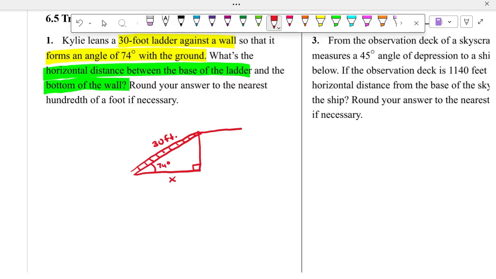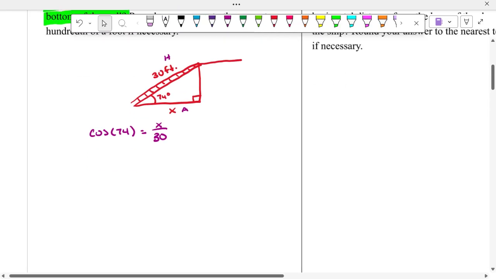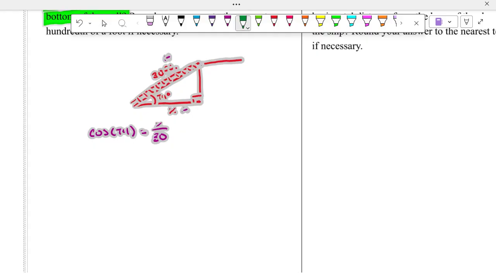So now that we got our picture drawn, let's solve it. So based off of the sides that they gave me in reference to the angle that they gave me, what trig ratio do you think I'm using? Cosine, because this is my adjacent, this is my hypotenuse. So I have cosine of 74 is equal to x over 30. How do I solve? Multiply both sides by 30. That goes away.